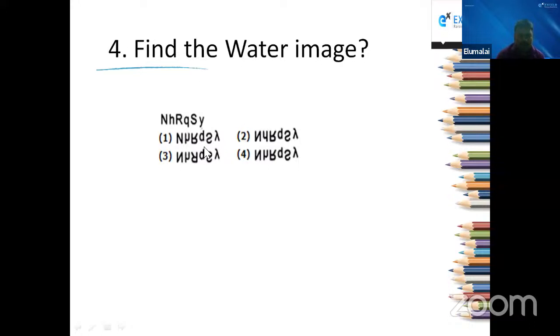Right. You are answering. See, here when you look at these two, right? NHRSY, N. So left side objects are in left side itself, right side objects are in right side itself. Very good. Right. So based on that property, now you can check Y here. So Y will be everywhere similar, and S is also everywhere similar, right?